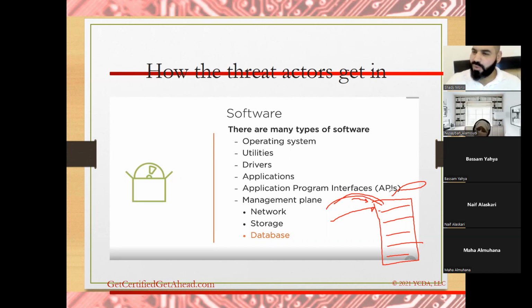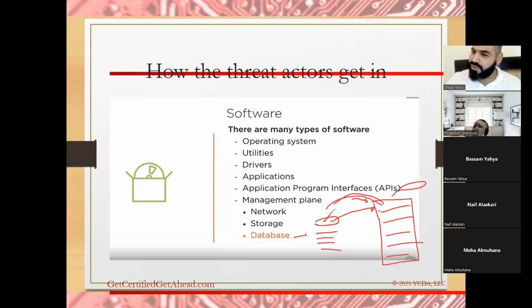So we have so many vulnerabilities in our environment. And databases: don't think of the database only as something full of data, just rows and columns. There is software called a database management system that manages the database, its schema, and its architecture.